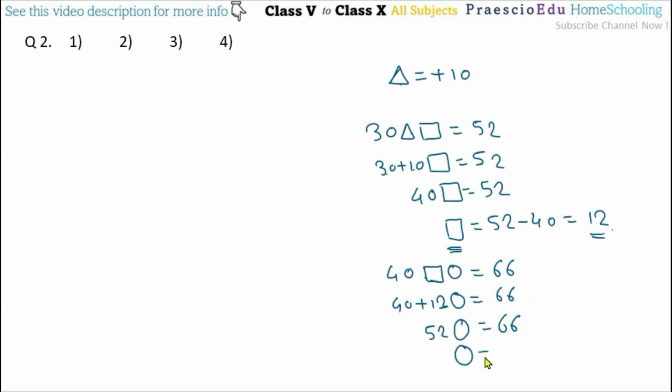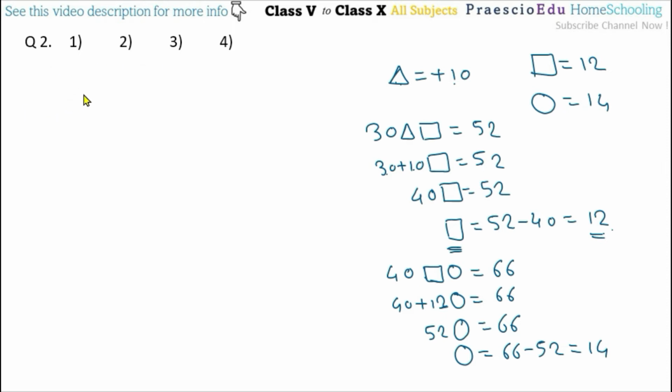Now this circle is equal to 66 minus 52, so that is equal to 14. So we are getting square is equal to 12 and circle is equal to 14 and triangle is equal to 10. So these three symbols and respective numbers we got.